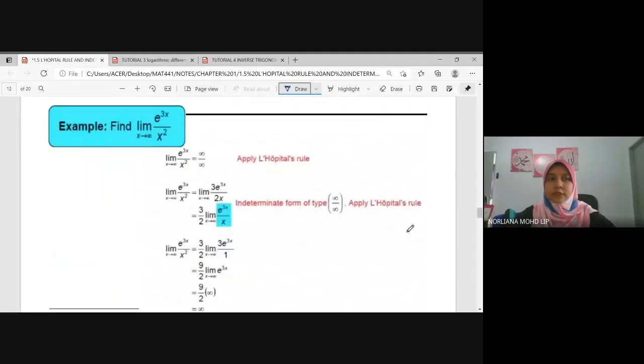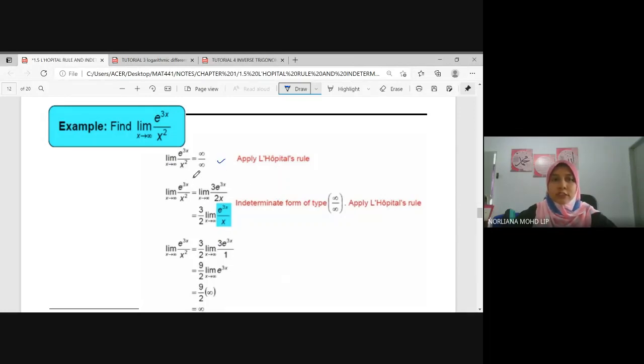Okay, third example. Find the limit of e to the power of 3x over x squared, where x approaches infinity. We substitute x equal to infinity into this function. So e to the power of infinity gives infinity over infinity. So for infinity over infinity, we have to apply the L'Hopital rules.